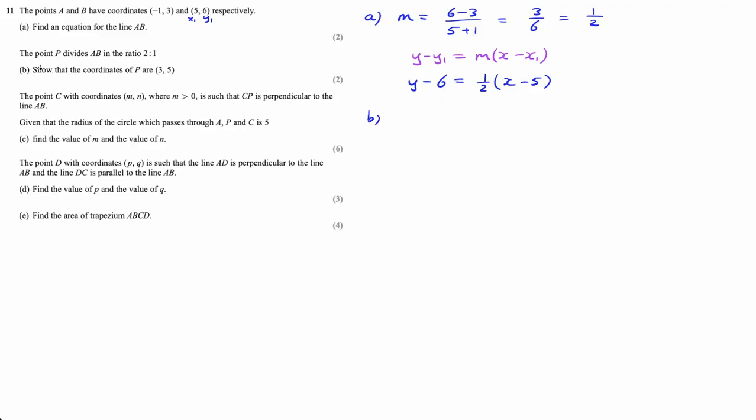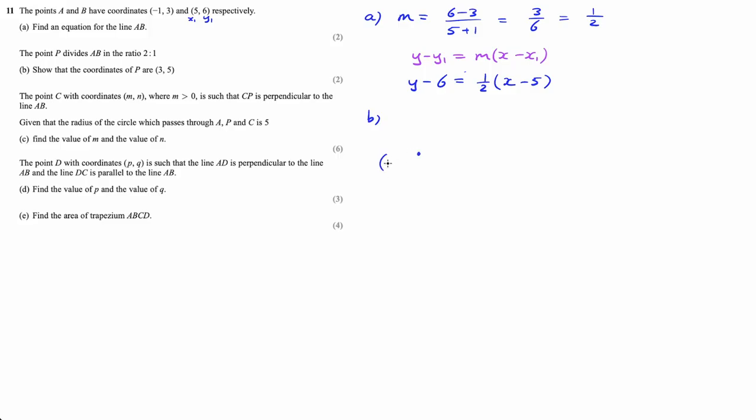Part B. The point P divides AB in the ratio 2:1. Show that the coordinates of P are this. Okay, so guys, if the coordinates of P are 3, 5, that means we need to go from minus 1, 3. Let's just draw it here like this.